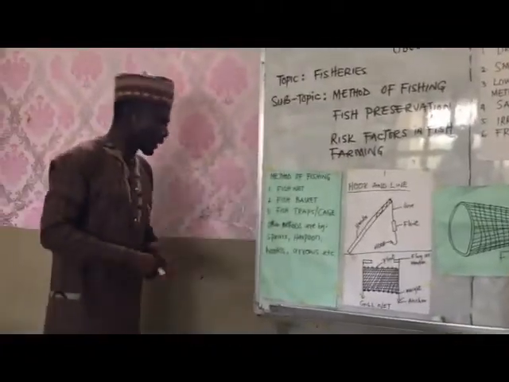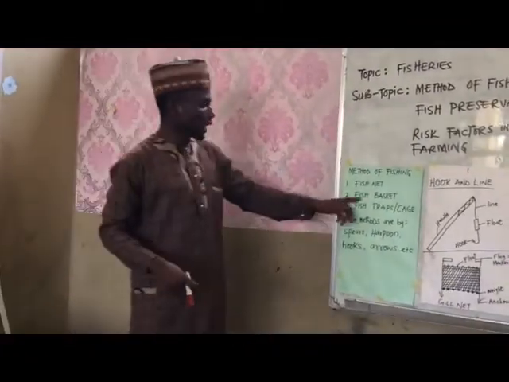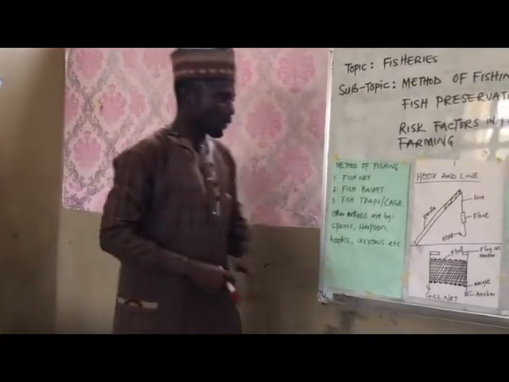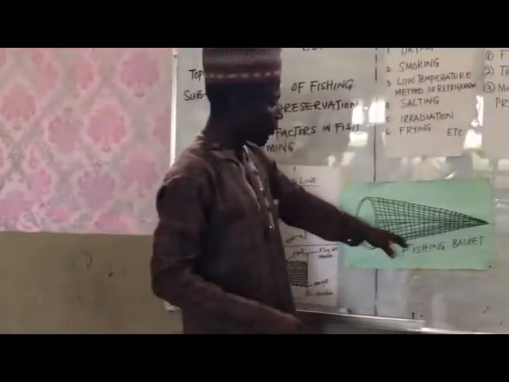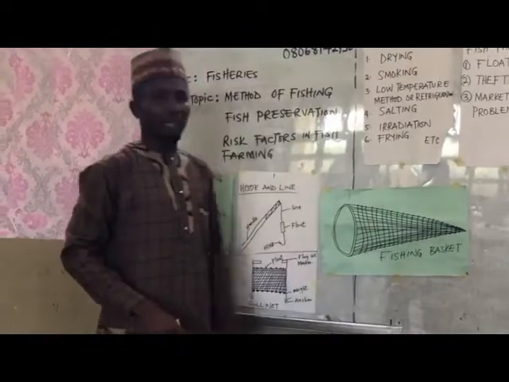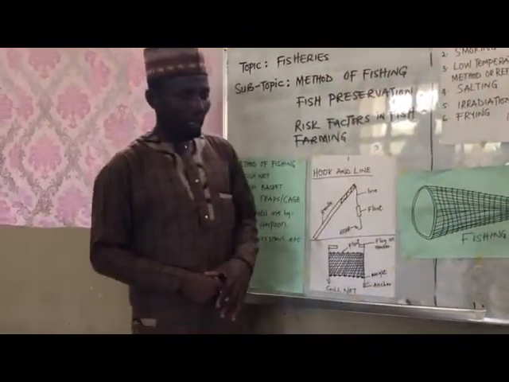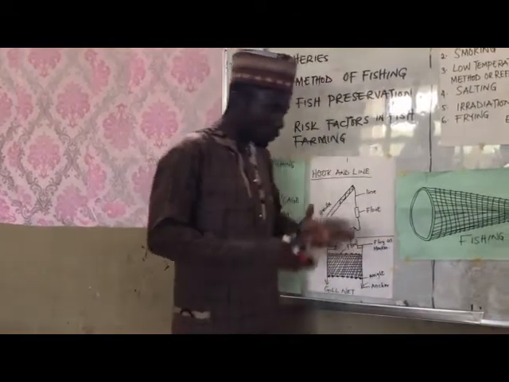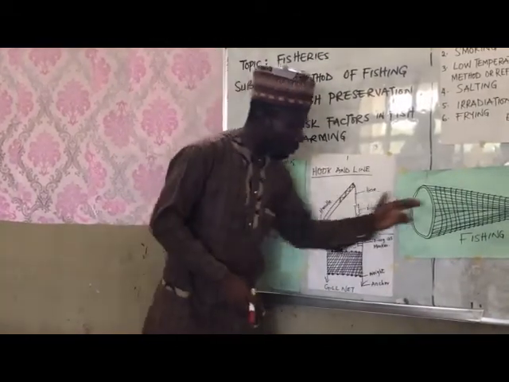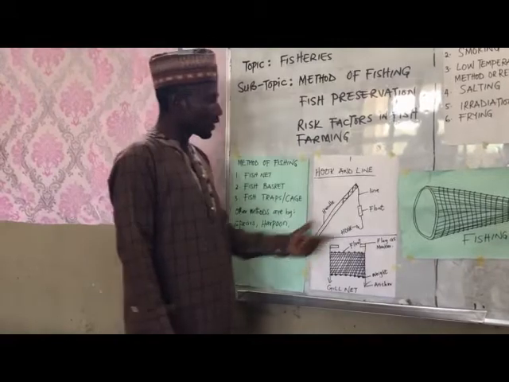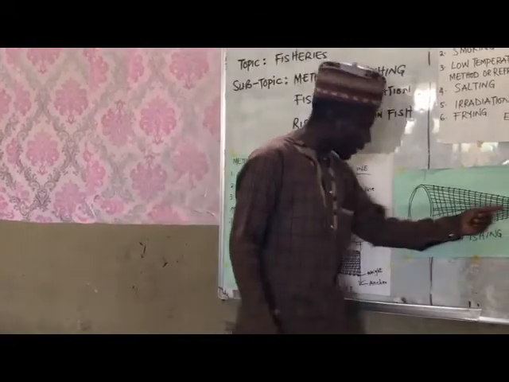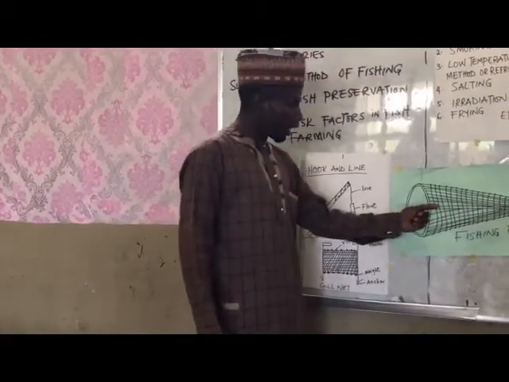Then let's quickly move to the second method, known as fish basket. As you can see, this is what we refer to as fish basket or fishing basket. We use this one in the shallow water. We place this one in the direction of flow of water. Any fish that come in contact will enter this cavity.